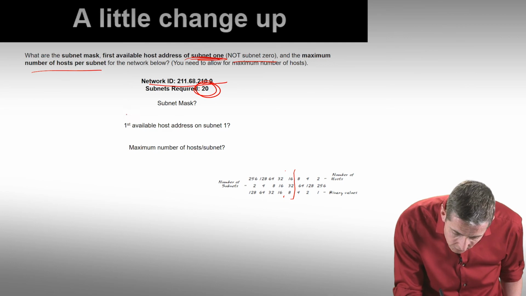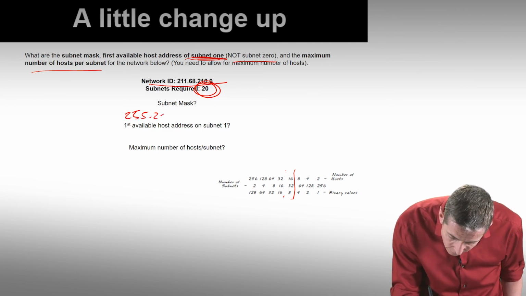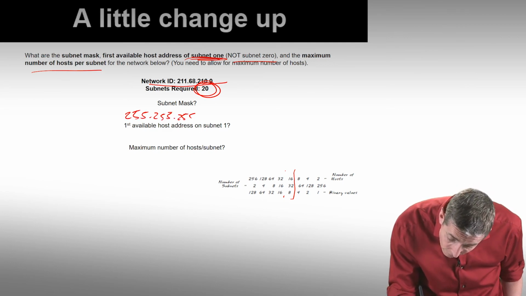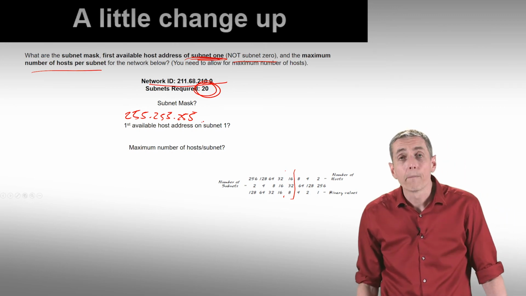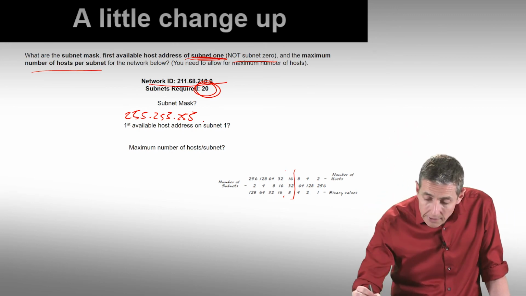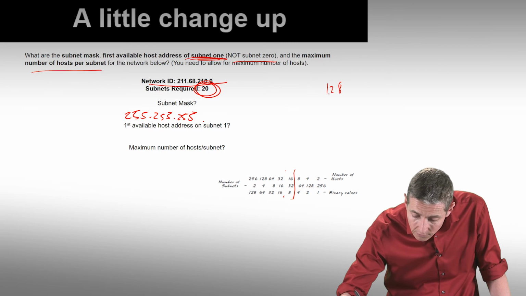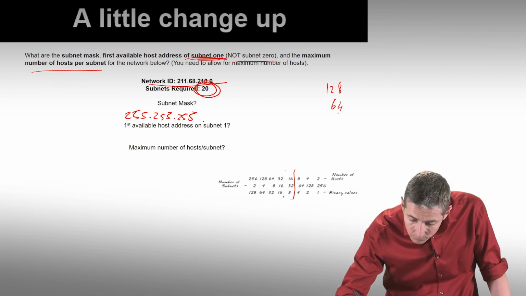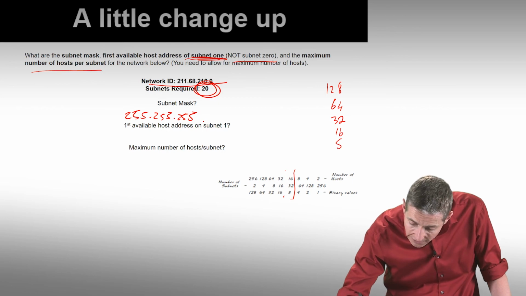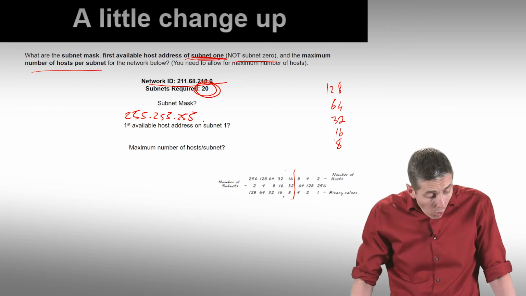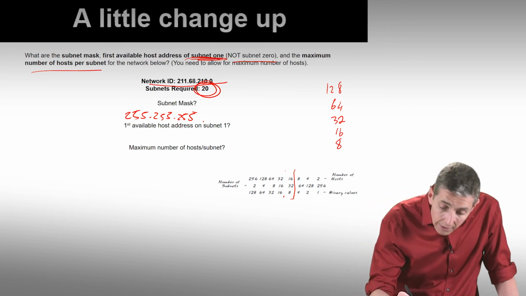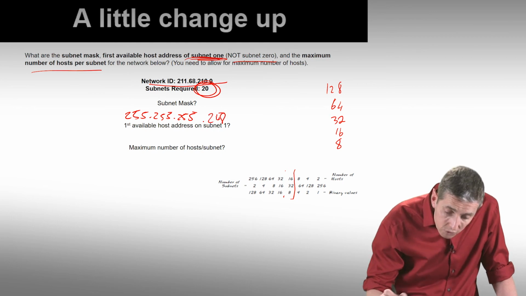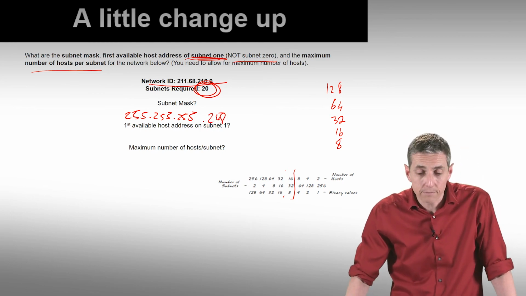So I'm going to go, apologies, 255.255.255. Any takers? Well, I'm going to basically go over here. I'm going to add 128 plus 64 plus 32 plus 16 plus 8. And I'm hoping that gives me 248. 248 is my new subnet mask, right in there.